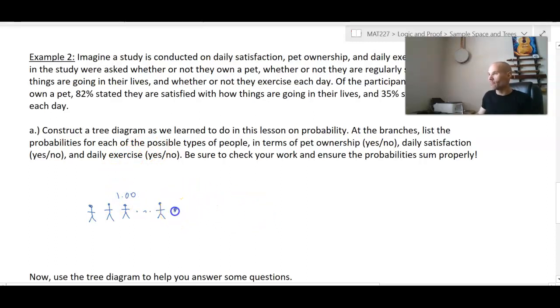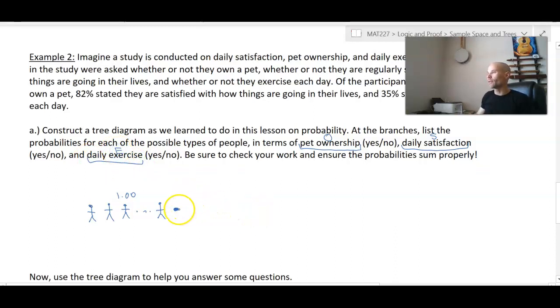So we'll tell them, hey, step on board, and since the order is given as pet ownership, this doesn't have to be in this order, but let's just say if you do own a pet, we'll represent with O. Daily satisfaction, maybe we'll represent that with S. So if you aren't satisfied, we'll put a bar over it. Similarly, if you don't own a pet, we'll put a bar over that. And daily exercise. So maybe if you do exercise daily, we'll say you are in group E.